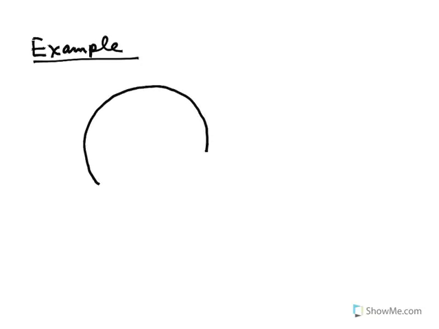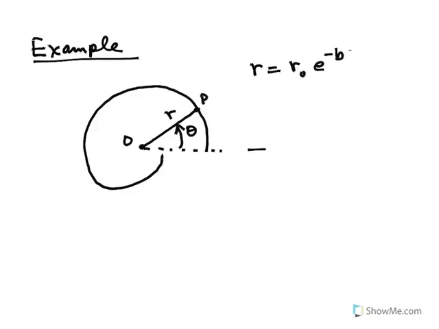The spiral qualitatively looks as I've drawn, and the position of the point P relative to the center of the spiral is depicted in the figure, and it's defined through an angle theta and a distance r. In this case, the equation for the spiral is r equals r0 times e to the minus b times theta, where r0 and b are constants.